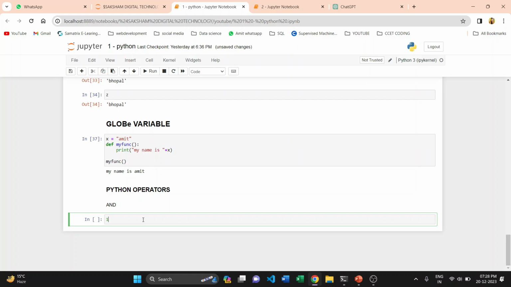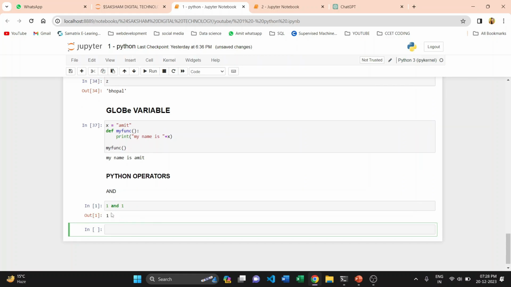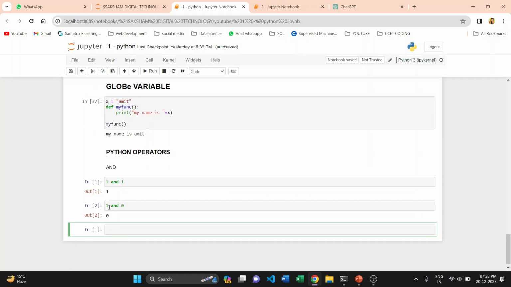The AND operator works like this: one and one is one, because a true value and a true value give the output true. But 1 and 0 gives you 0, because 1 is true but the other, 0, is false.